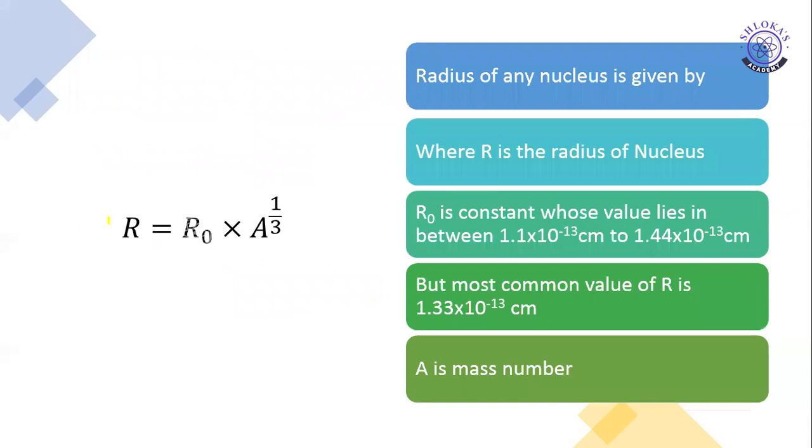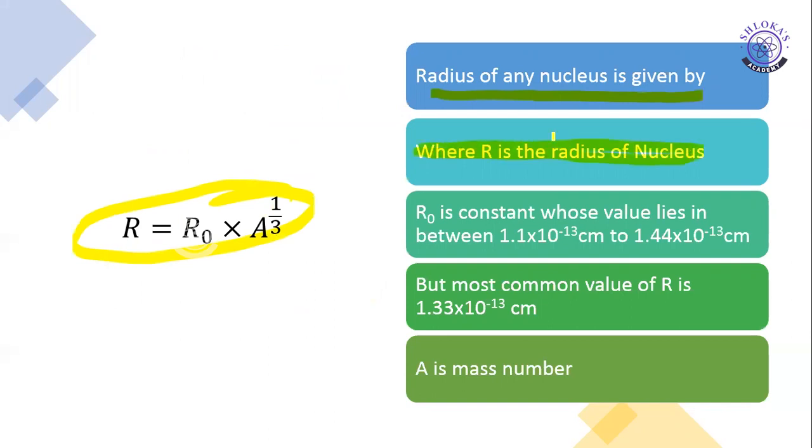Right. Next, we should discuss the radius of any nucleus. Any nucleus radius is given by this formula. What is the formula? R is equal to R naught into A power 1 by 3. What is R here? The radius of the nucleus, which is to be found out.